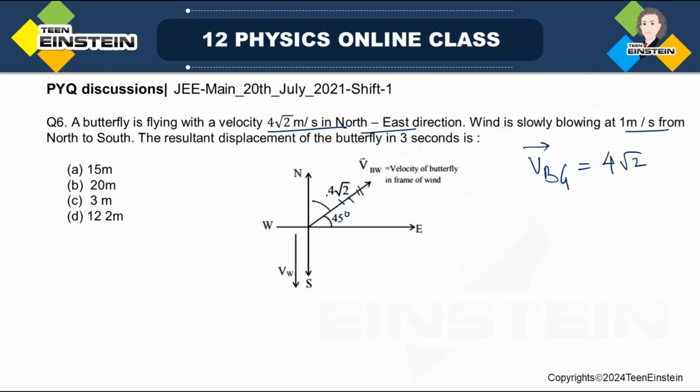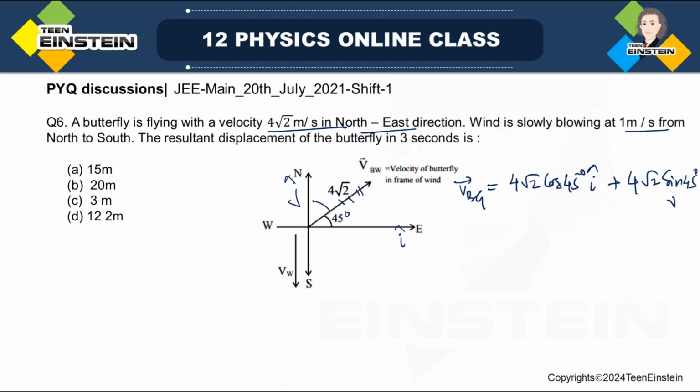If I just break the components, suppose this is positive i cap, this is positive j cap, then with respect to ground I get 4 root 2 cos of 45 degree angle i cap plus 4 root 2 sine of 45 degree angle along j cap direction.